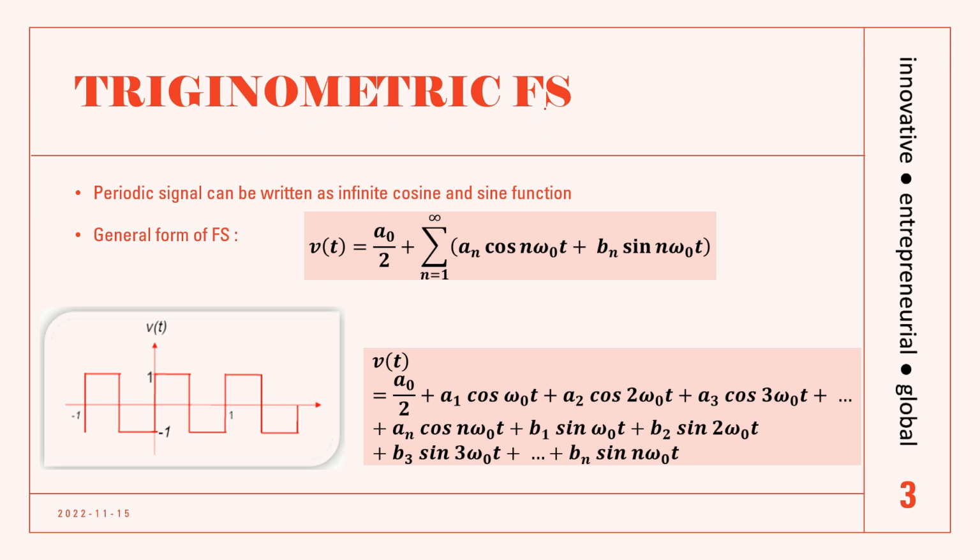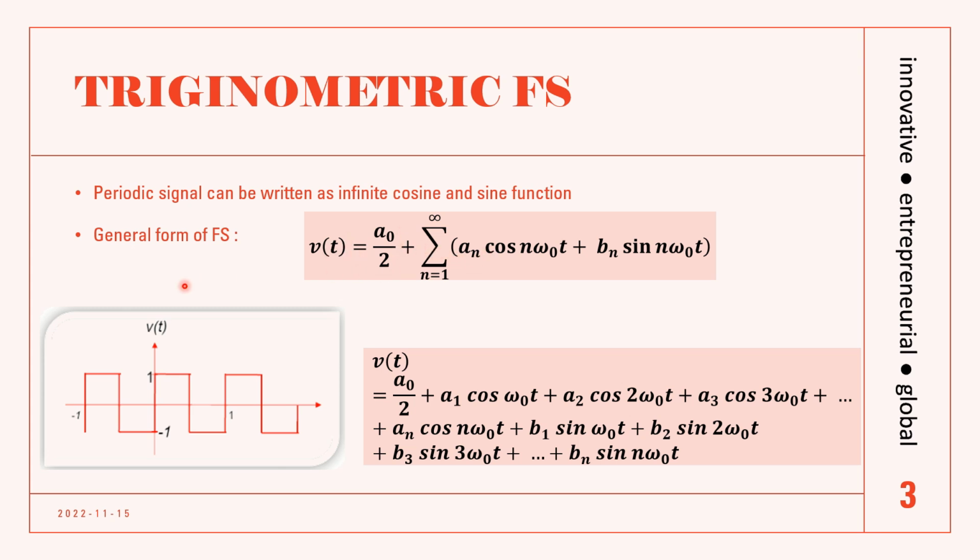Fs here denotes Fourier series. I just wrote it as a short form, Fs. I believe you have seen this kind of equation during your first year course lecture, either in your mathematics or in other courses, so you have already seen this kind of equation.